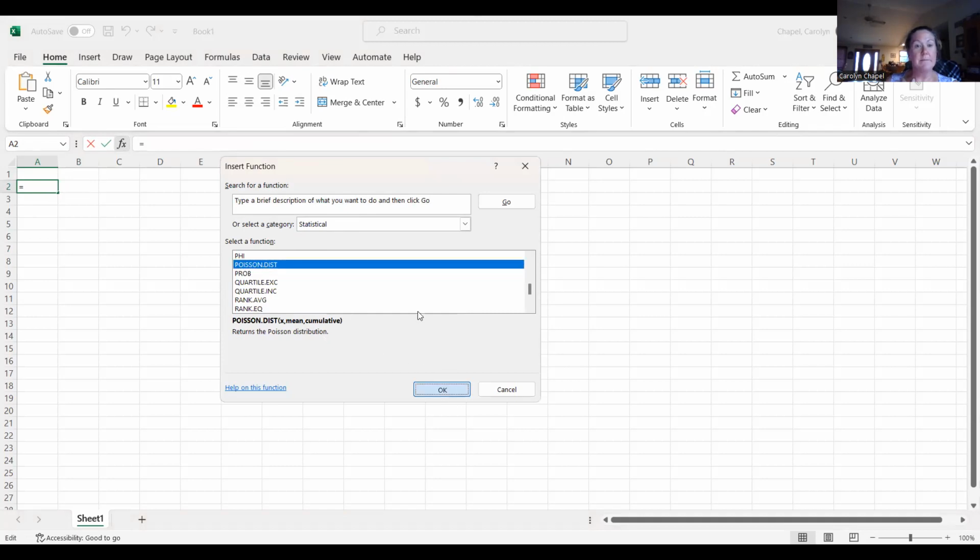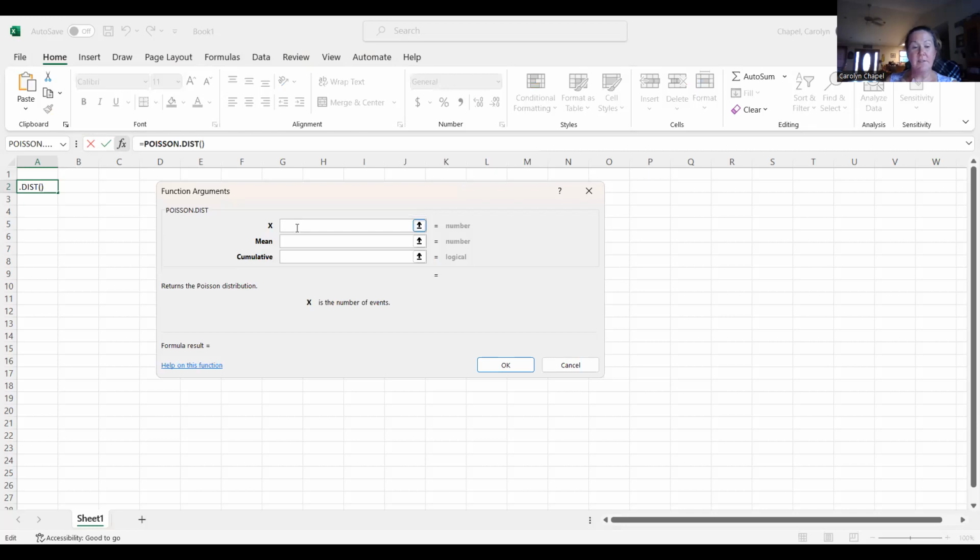I'm going to click OK. The X, that's the X that we were looking for. Again, it's asking for our mean, which for our example was 25 as well, that lambda times T. And here, whether or not you want to accumulate things. Accumulating means we're going to start at 0 up to that point.